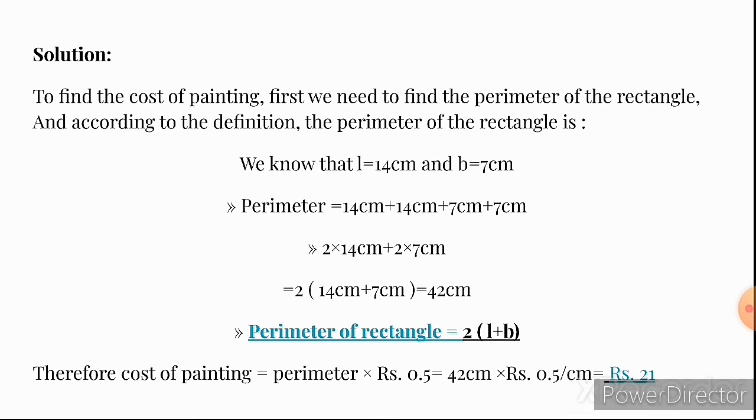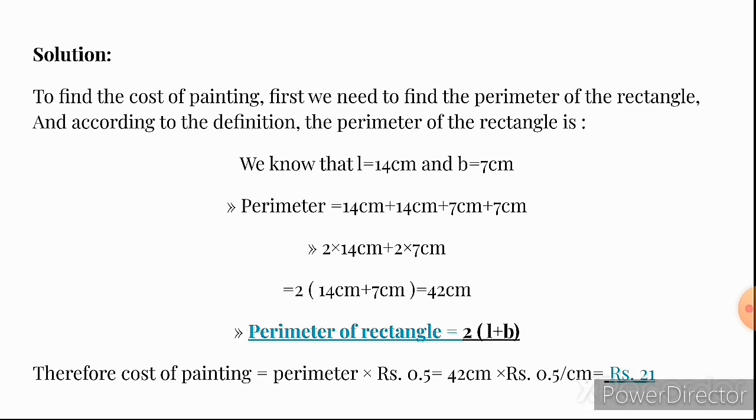So the perimeter of that rectangle will be equal to 14 centimeter plus 14 centimeter plus 7 centimeter plus 7 centimeter, which is equal to 2 into 14 centimeter plus 2 into 7 centimeter. By a law of algebra called the distributive property, 2 into 14 centimeter plus 2 into 7 centimeter is equal to 2 into 14 plus 7 centimeter, which is equal to 42 centimeter.